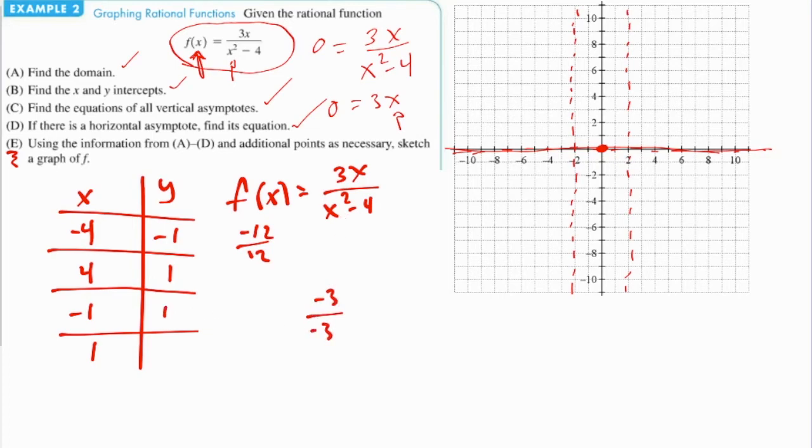And if you plug +1 in, you'll get 3 over -3, which is -1. So I'm going to plot each of these points: -4, -1, +4, +1, -1, +1, and +1, -1.